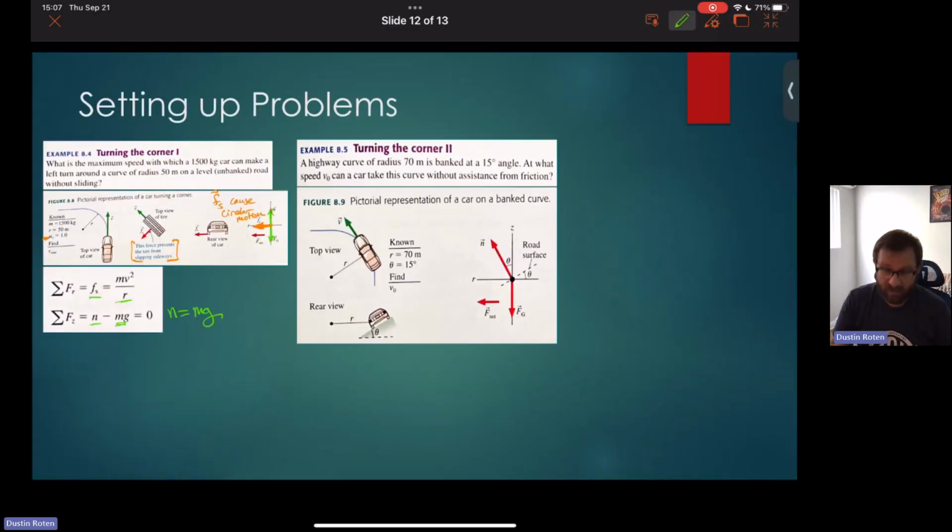All right. So in this one, a highway curve of radius 70 meters is banked at an angle of 15 degrees. At what speed can the car take this curve without assistance from friction? Okay, so we're going to jet down this curve, and since the curve is banked, that's going to help us stay inside the curve. Actually, let me zoom in.